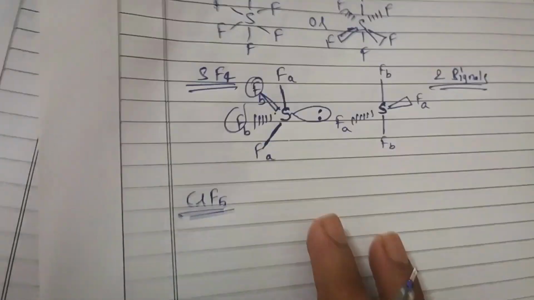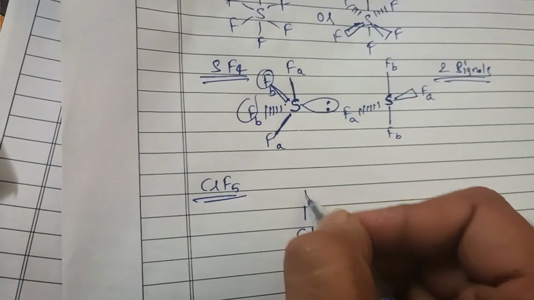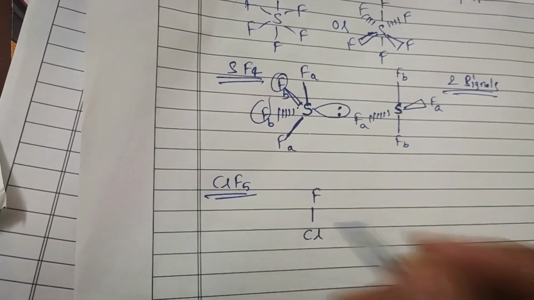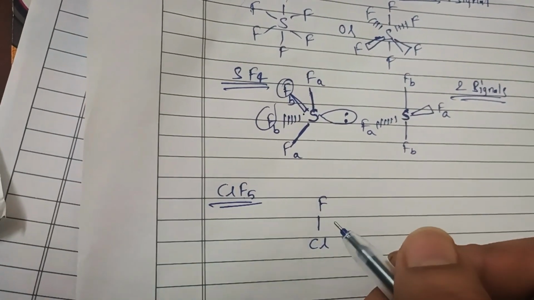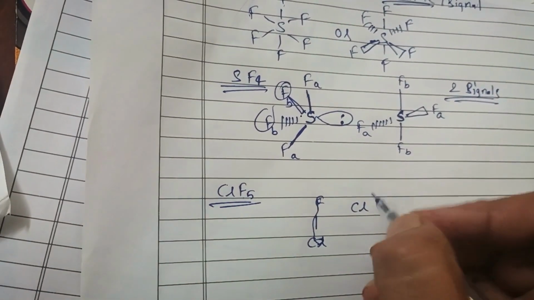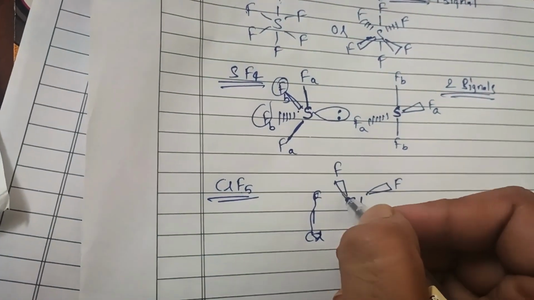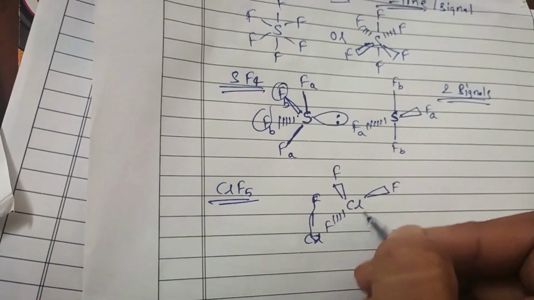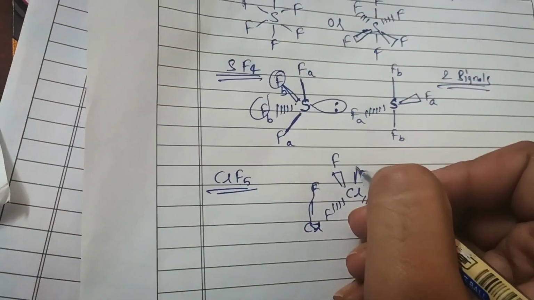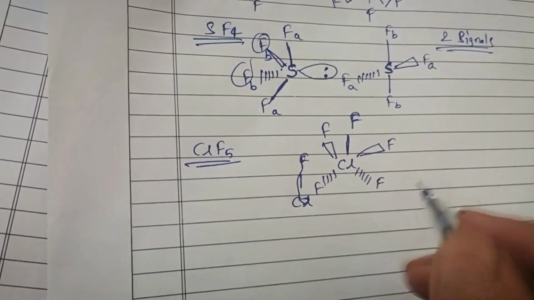Okay, and then next will be ClF5. In ClF5 we have chlorine and fluorine. Here 5 are there, hence it will be like this: Cl, 2 will be at the back, 2 will be at the front, and 1 is on the top like this.